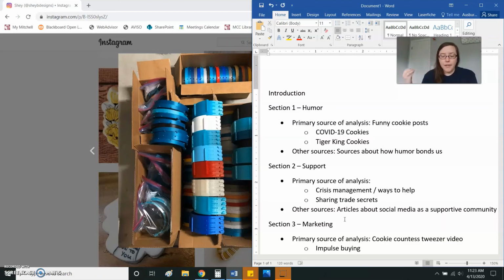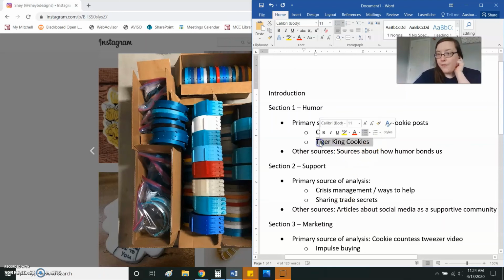I can have paragraphs where I'm just focused on explaining how the cookie community is supportive, but I always want to make sure that throughout my paper, not just at the end, but throughout my paper, I'm bringing it back to this broader thing about social media. I don't just want to say Tiger King cookies are funny.